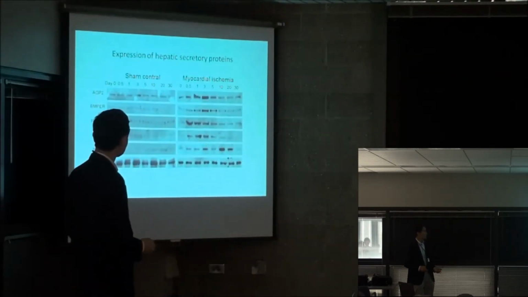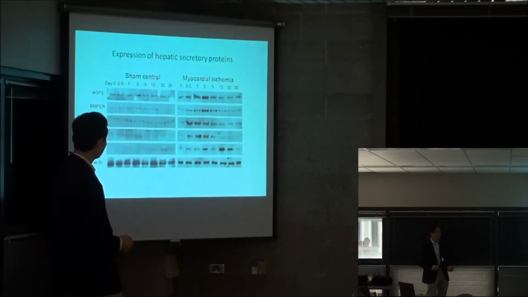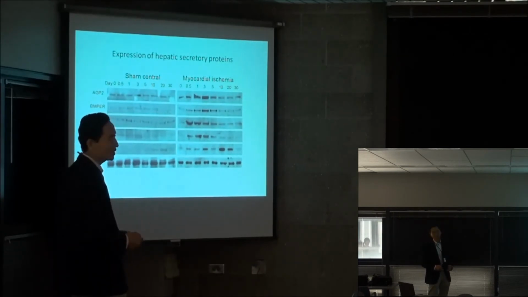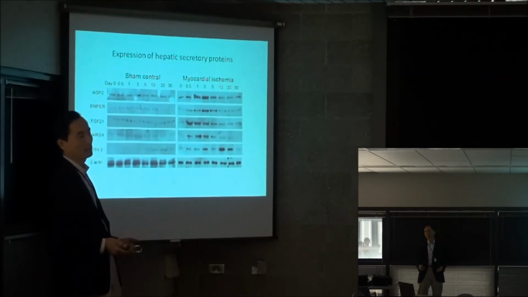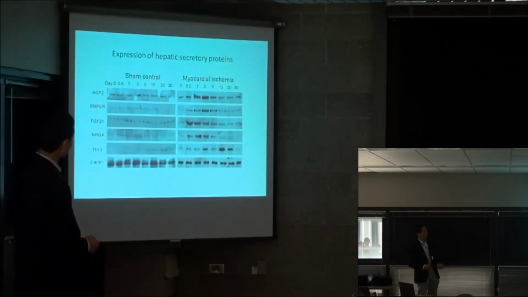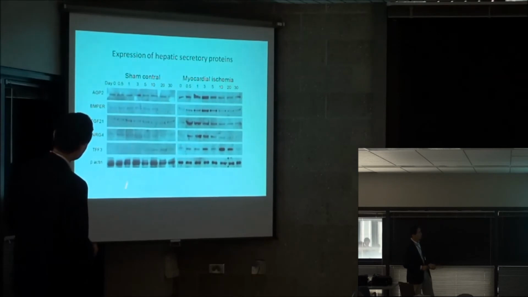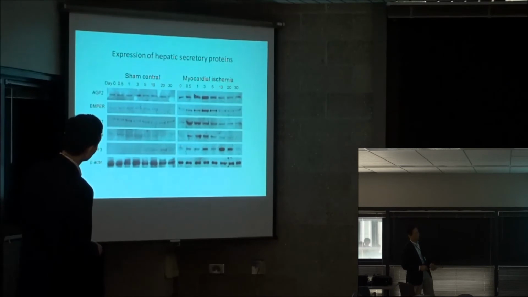Next thing we did was test the protein expression of the 5 protective factors in the liver. So this column shows the immunoblot analysis for all 5 factors, including beta-actin, which was used as a loading control, just showing equal amounts of protein were loaded.